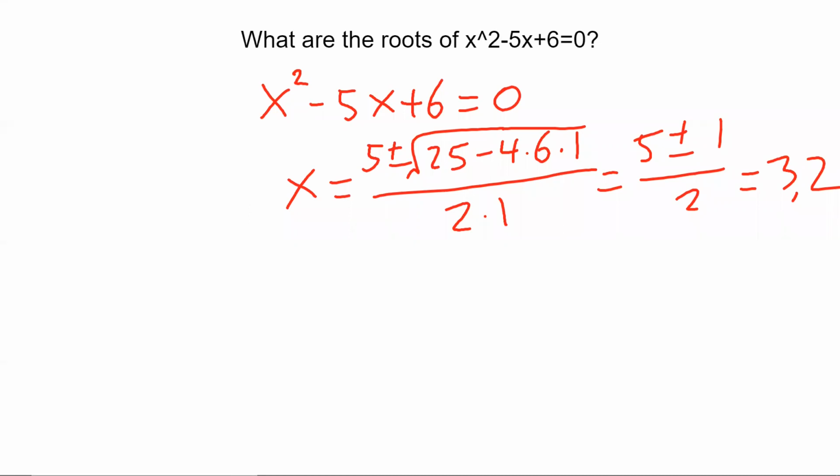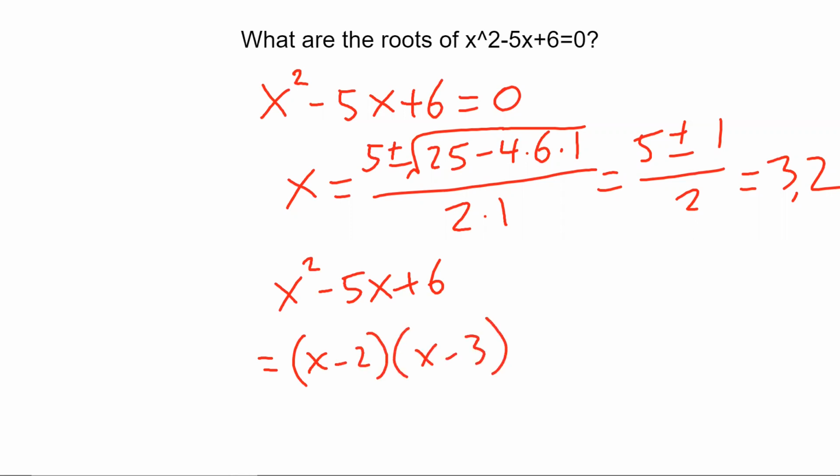So you could do it that way. Or you could be smart about it and notice that x squared minus 5x plus 6 actually factors as x minus 2 times x minus 3. And since we're given that this is equal to 0, anything times 0 is going to be 0, and that's the only way to get 0.